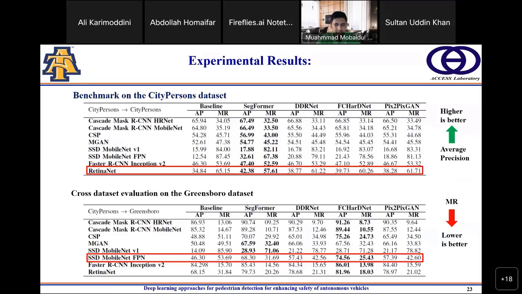And SSD MobileNet fused with FCHarDNet increased the average precision from 46.30 to 74.56 and decreased the miss rate from 53.69 to 25.43 on the Greensboro dataset. So we see that for each fusion case, our model improved the detection performance compared to the baseline network.